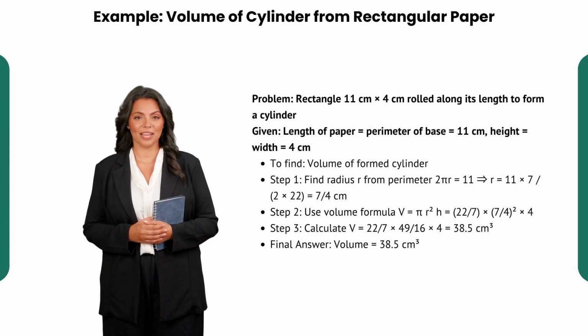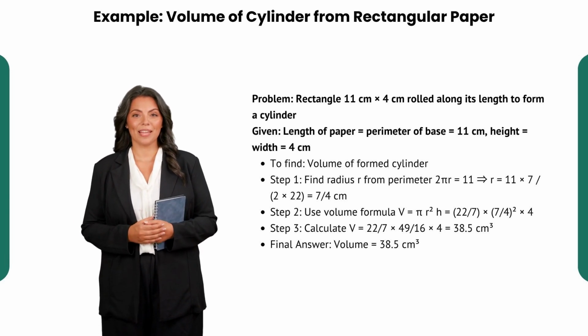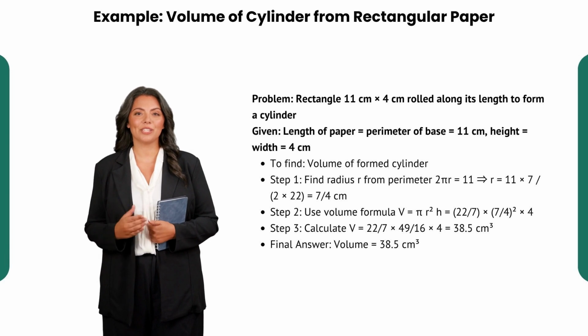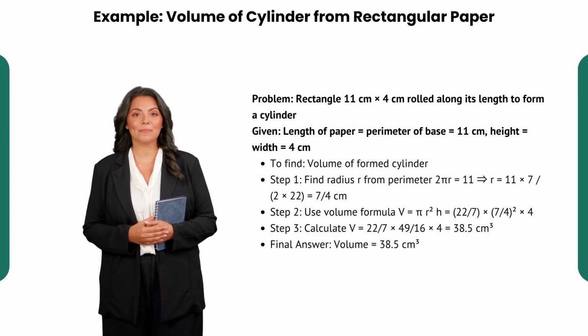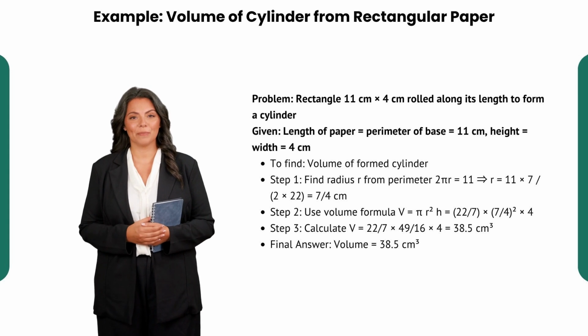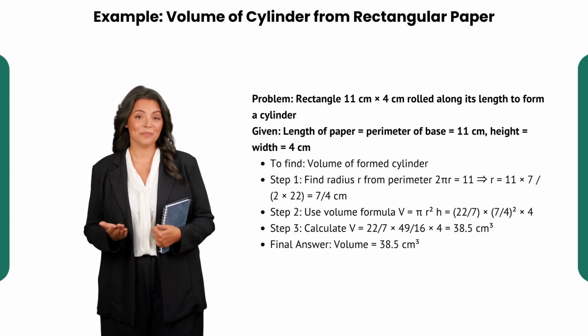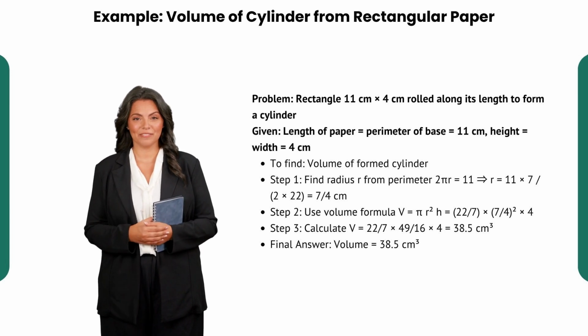Here is a creative example showing the link between two-dimensional and three-dimensional shapes. A rectangular paper of 11 centimeters by 4 centimeters is rolled along its length to form a cylinder. That means the length 11 centimeters becomes the perimeter of the base circle. Solving the equation 2 pi r equals 11, we find the radius to be 7 divided by 4 centimeters. The height, being the width of the paper, is 4 centimeters.